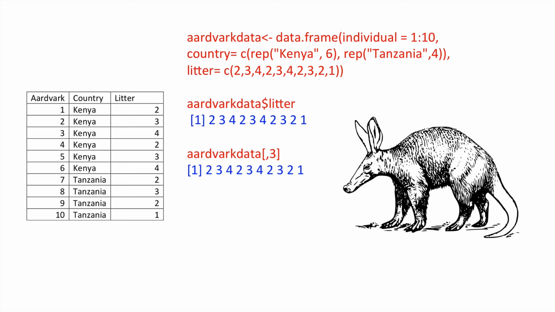So we're asking ignore the row, simply list the third column data, and there we have the same.